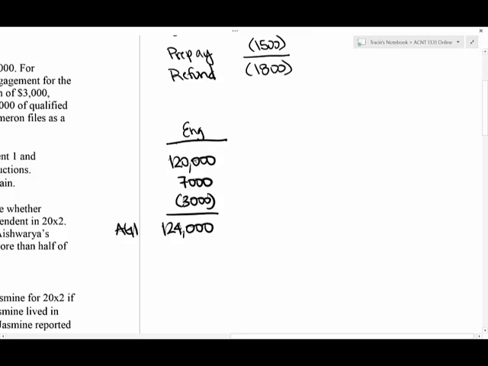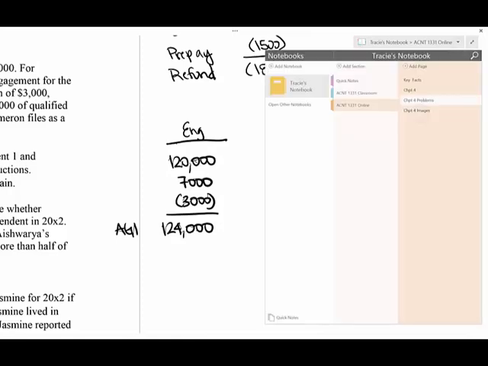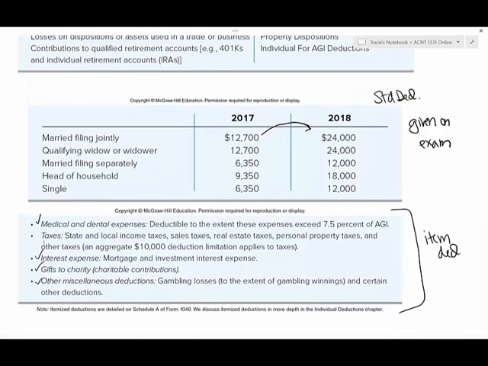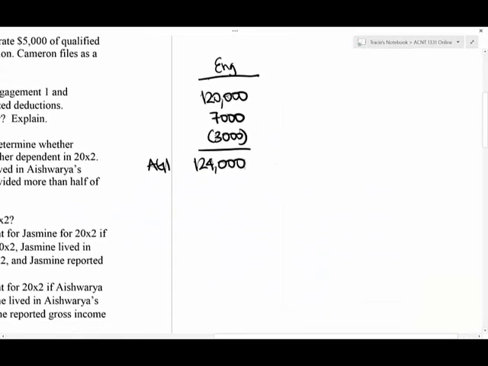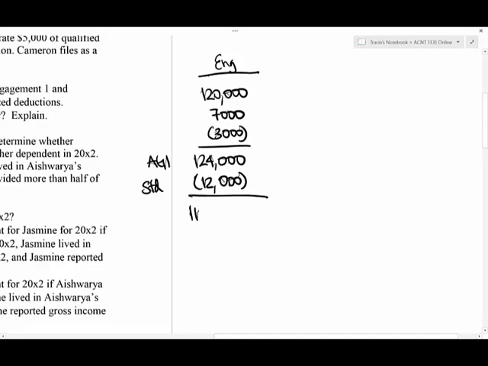Then I need to take out the greater of my itemized deduction versus my standard deduction. We're going to use 2018 numbers, and he's single, so the standard deduction is $12,000, and he did not have any itemized deductions. So we take out the standard deduction of $12,000 and get taxable income of $112,000. Okay, so that's engagement number 1.